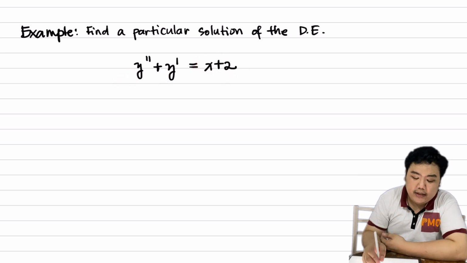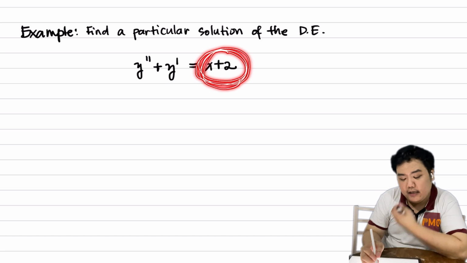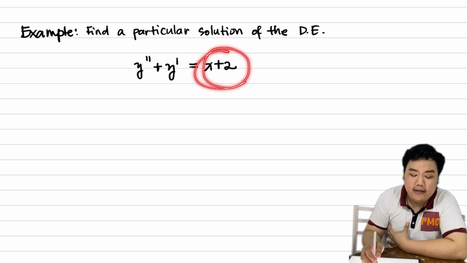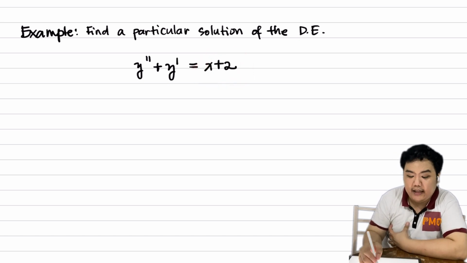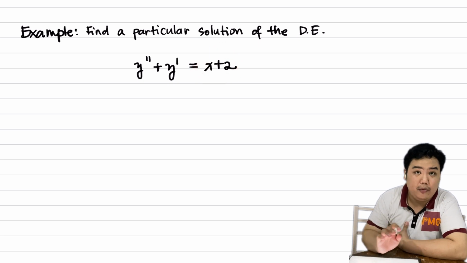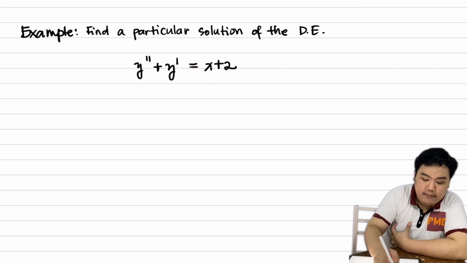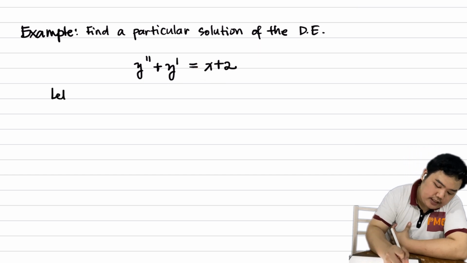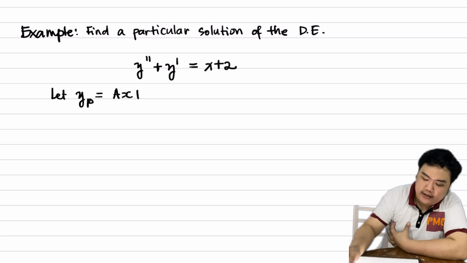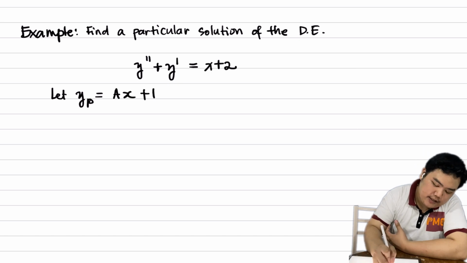So, sabi sa table natin, kung yung nasa right hand side mo ay nth degree polynomial, yung hula mo sa y sub p. In this case, this is a first degree polynomial which is linear. So, yung y sub p mo, ang magiging hula natin dyan ay ax plus b.